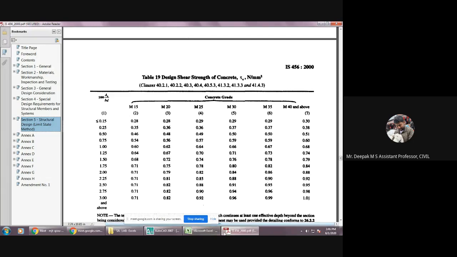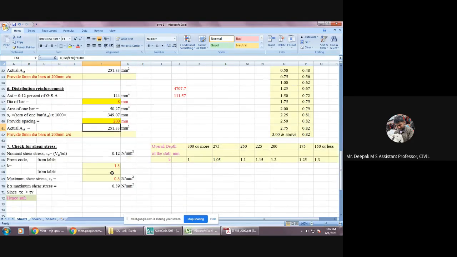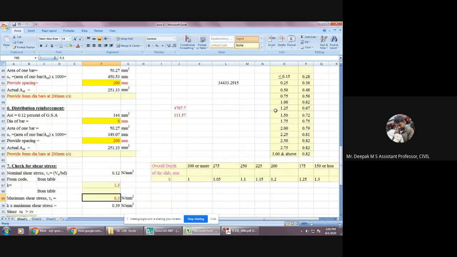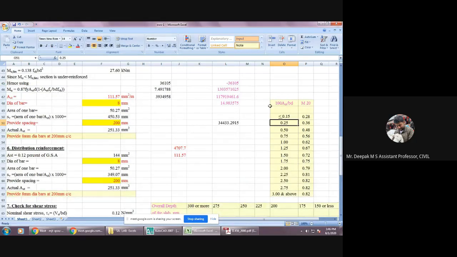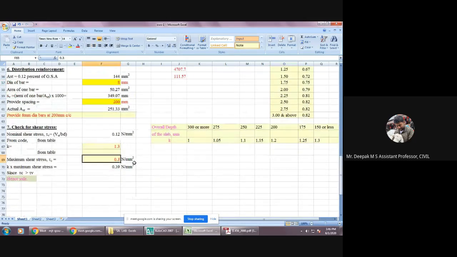We know the provided AST, that is here 251.33, provided AST divided by bd, and thereon when we interpolate between 0.15 and 0.25 for percentage steel 100 AST by bd, we are getting 0.28, 0.3, right?